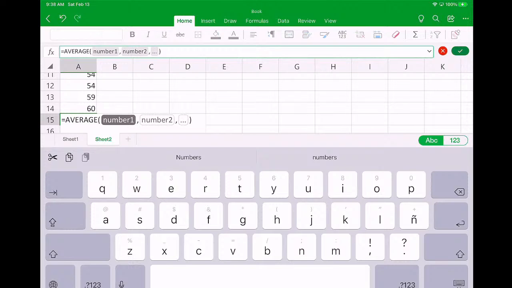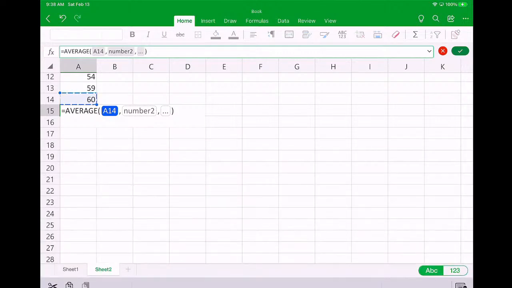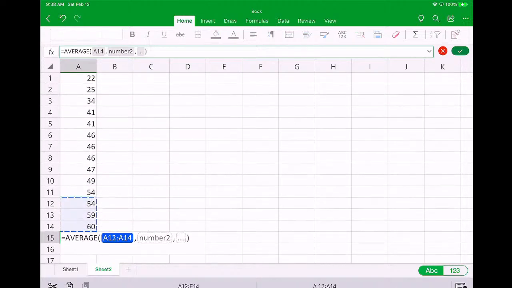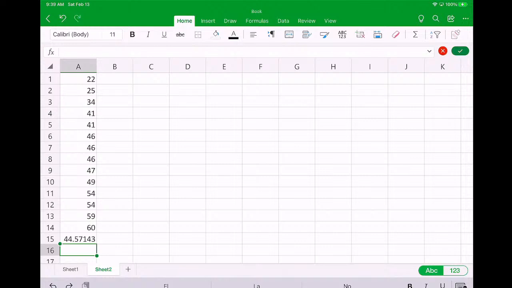Most of you should know how to do this, right? So what you want to do is you want to highlight. I'm using the Excel on iPad. It's a little bit different. And I want to erase all this. And enter. There it is, 44.57. That's too high.